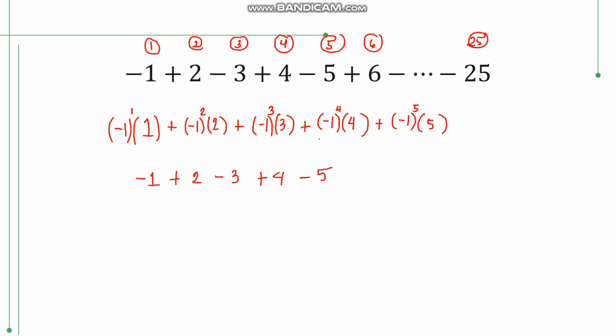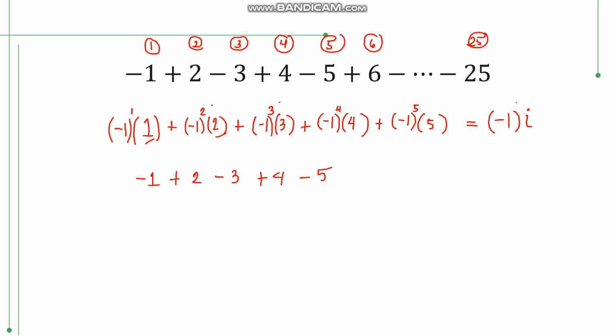Okay, now if we change this into a general term, let's write it into general term. So we know we have negative 1 that is constant. We keep on multiplying negative 1. And then we have here 1, 2, 3, 4, 5, which are the i's. And as you can see, these numbers here are just the same with the exponent.